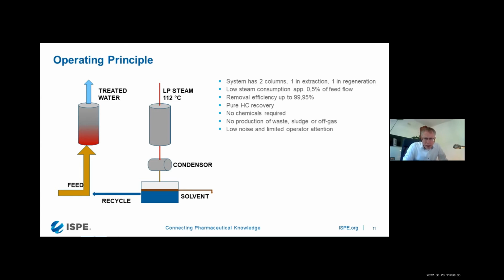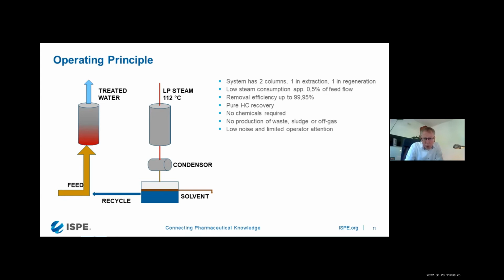For a lot of applications, we will recover the hydrocarbons or the solvents as a pure component. And as you can see, we don't need any further chemicals, and neither do we produce any waste sludge or off gas except the solvent. It's a fairly simple process.